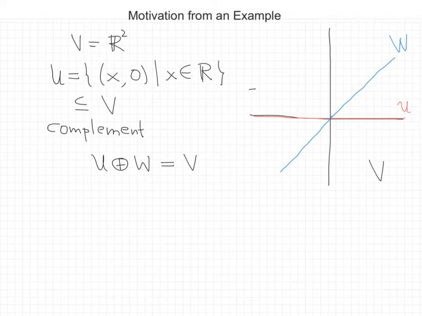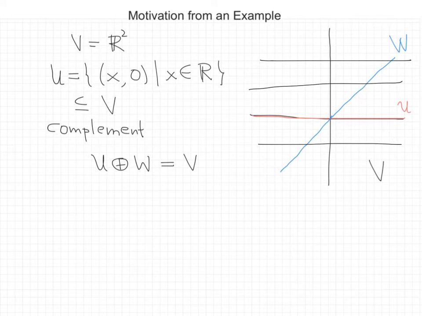Just look at all lines parallel to the subspace U. Notice that if we have such a complement W, then each of these lines will intersect the subspace W in a unique point. So the lines which are parallel to U will be in one-to-one correspondence to the points of this complementary subspace W. This is precisely the idea.